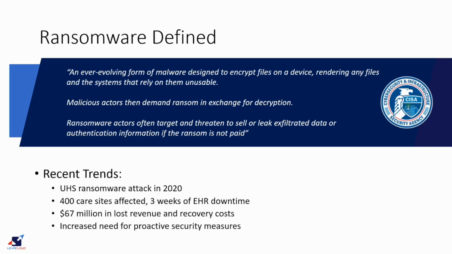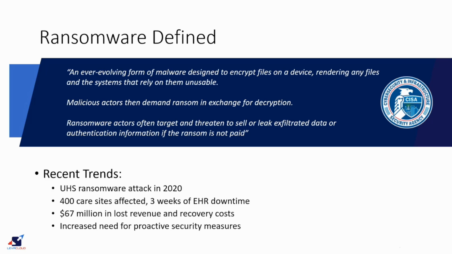It's a malicious software that encrypts files and systems. Victims lose access to their data, and that not only affects the organization but individuals as well. The attackers demand ransom, typically in cryptocurrencies, in exchange for the decryption key.